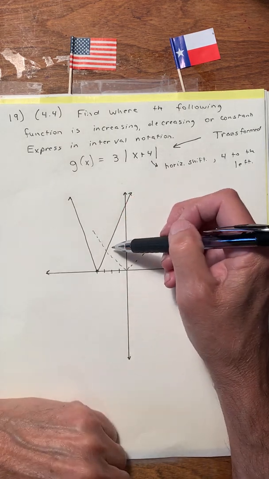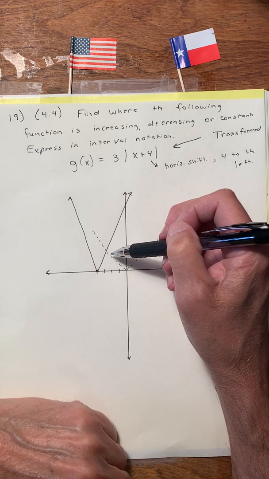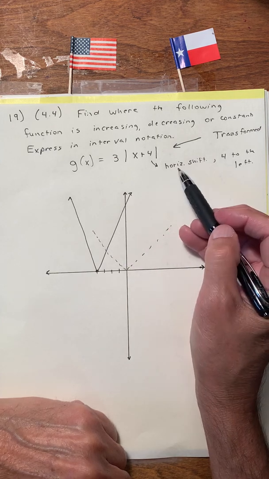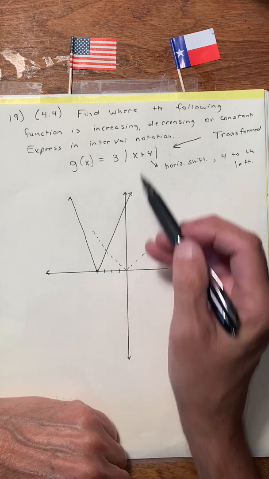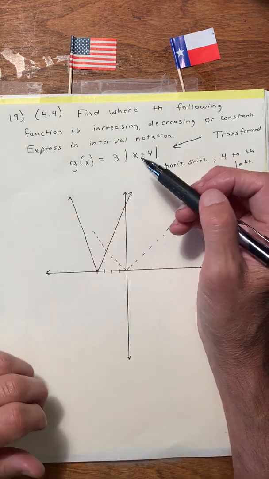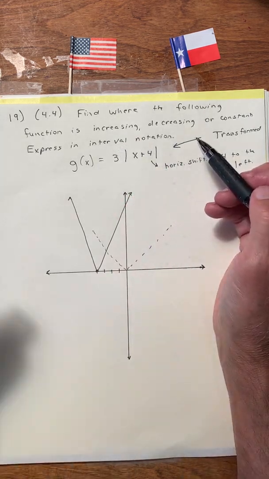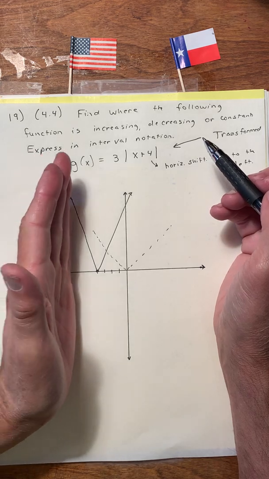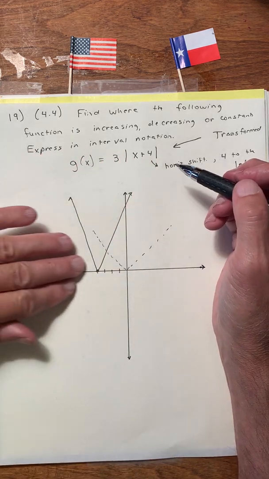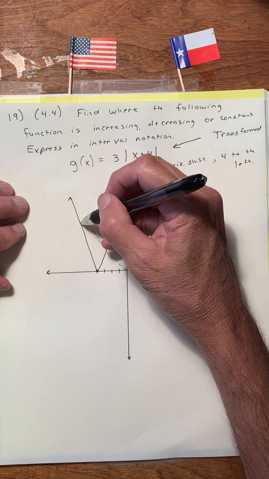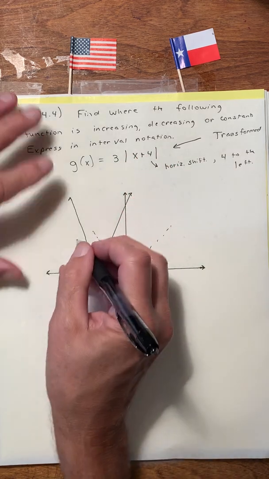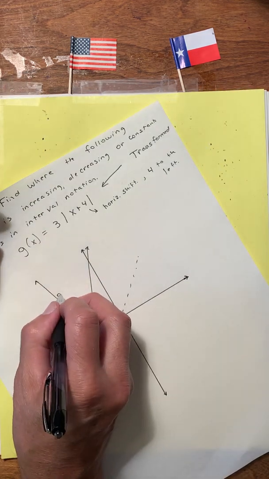Once I have it sketched, once I have a picture of the thing, and the horizontal shift is the only thing I need to keep in mind, where is it increasing? Where is it decreasing? Remember, we're looking as we're moving left to right. As I'm moving left to right, this part of the graph is decreasing, isn't it? This is decreasing.